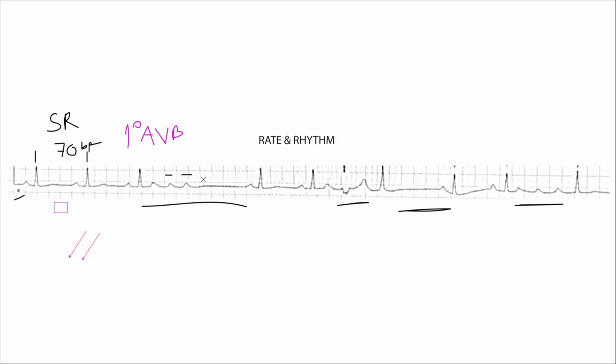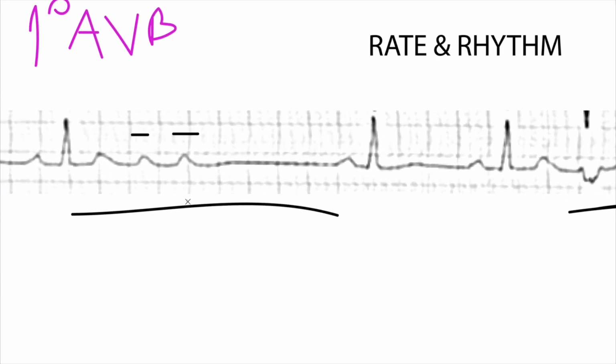Now, coming down to these funky looking waves, you're like, all right, these could be blocked PACs, or these could be some sort of atrial activity or whatever. To get the rate off of these here, we're looking at roughly 300, 150. This is maybe 220, 250 for this rate.